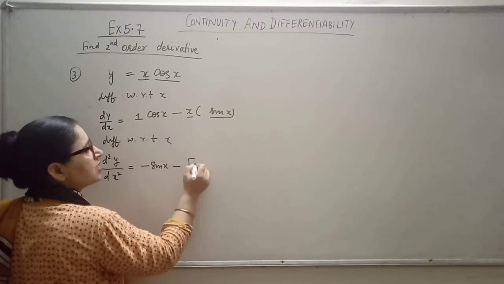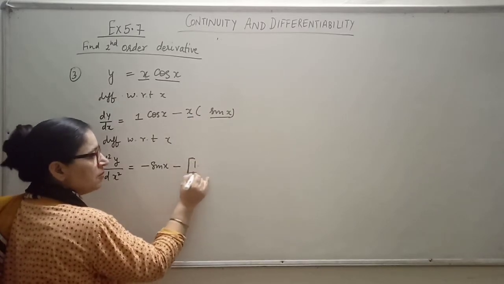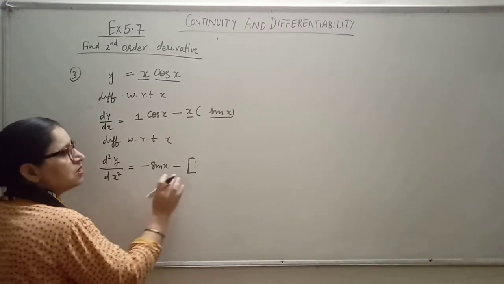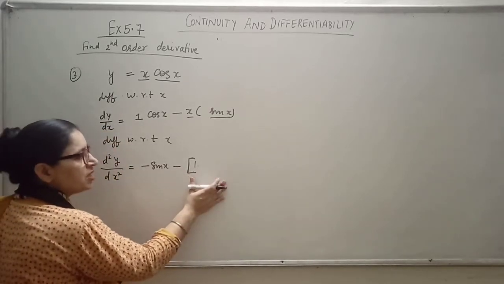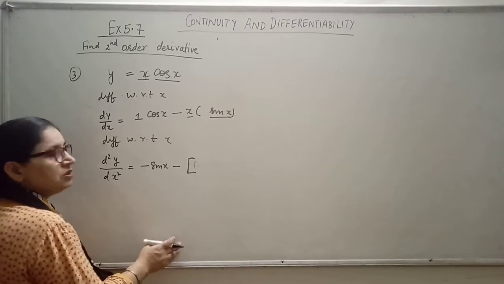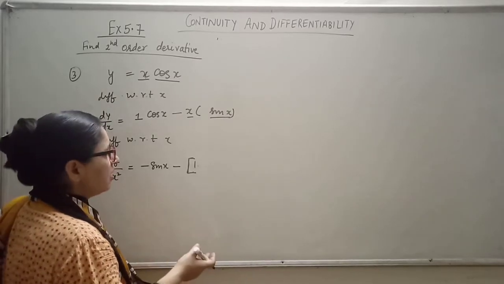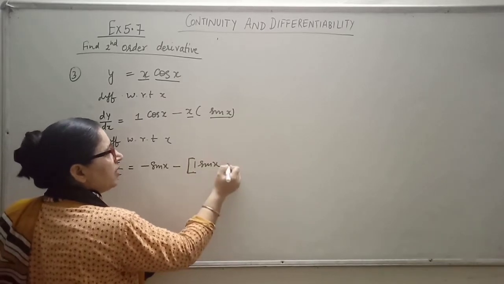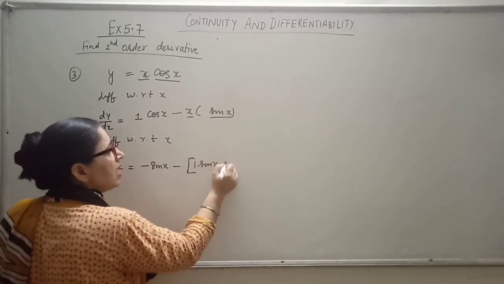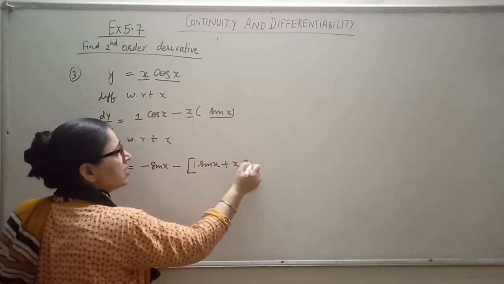So derivative of x is 1, but please be careful while doing it, because we will solve it by keeping it in the bracket. Otherwise there may be an error in the sign. So sin x will be written as it is. Now plus x as it is, and derivative of sin x is cos x.